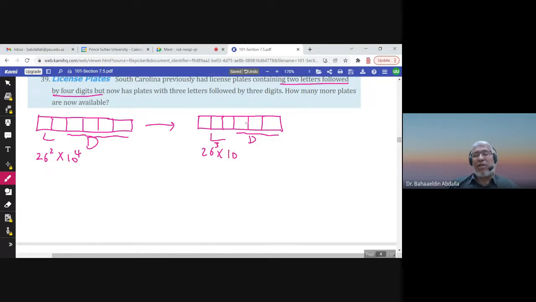So 10 times 10 times 10. So the answer would be 26 to the power 3 times 10 to the power 3 minus 26 to the power 2 times 10 to the power 4. And you can use your calculator and find the difference between these two numbers of plates.